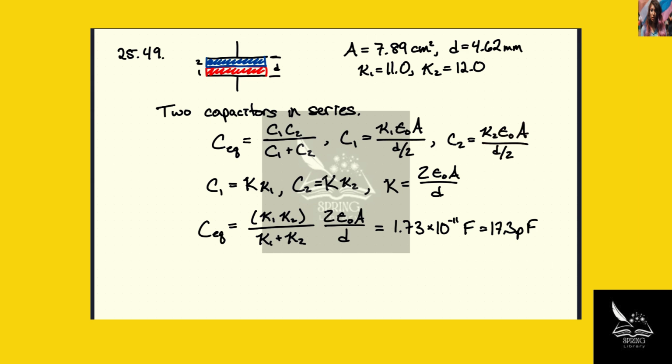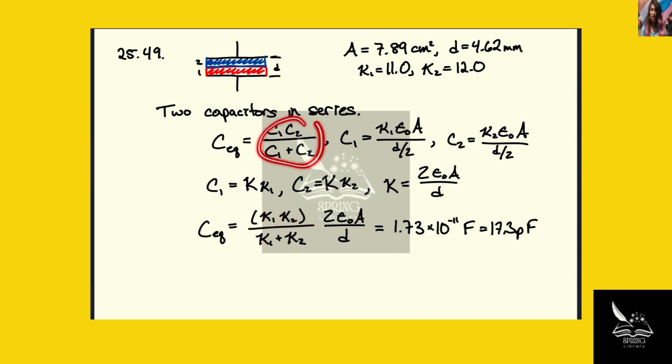We can factor out a common factor, which I'll just call capital K, since everything in it is the same in both cases. Really all we're going to do is plug these into the series formula and do a little algebra, and we wind up with the equivalent capacitance being kappa 1 times kappa 2 all over kappa 1 plus kappa 2.